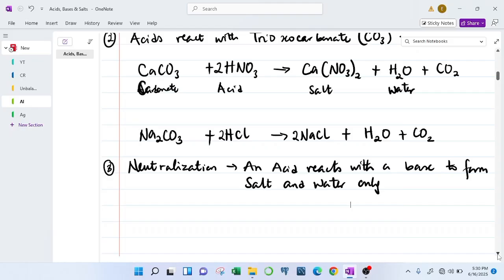So to be on the safe side, all you simply do to get a base is pick a metal, pick oxide. Remember to get a proper formula. Metallic oxides are going to be basic in nature, although some are amphoteric, which goes both ways. But either way, since we're talking about acid properties now, they will work properly for us. So what's a hydroxide?